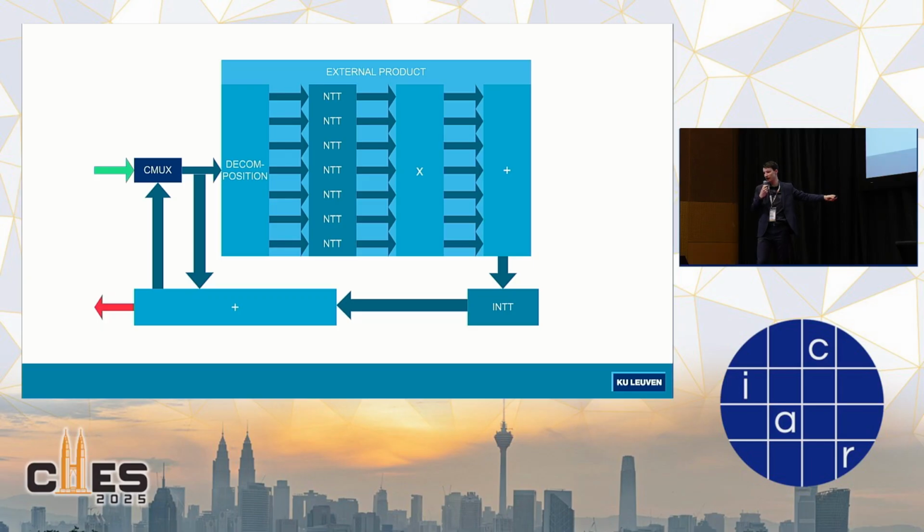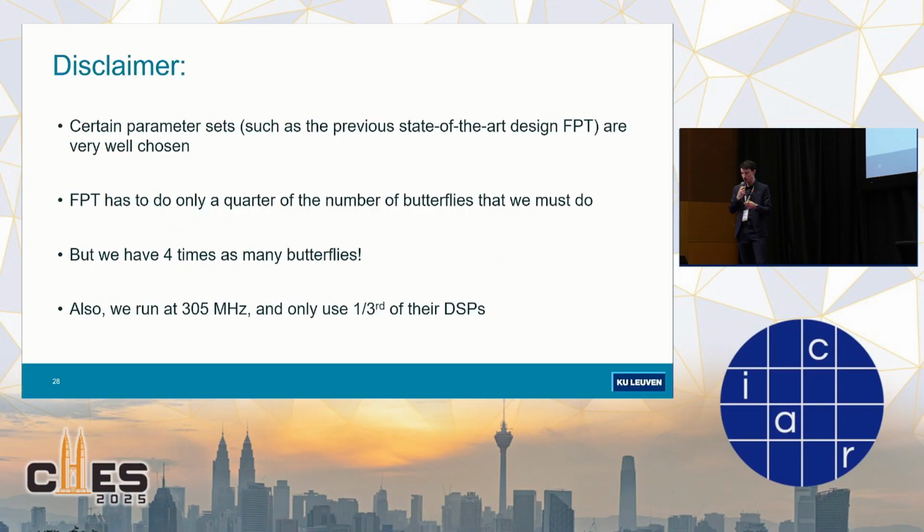So this is the FINAL design. Of course, in terms of size, that external product is going to be much larger than the CMUX or any of the other logic. Each NTT takes about 45,000 LUTs for a total use of 600,000 LUTs.